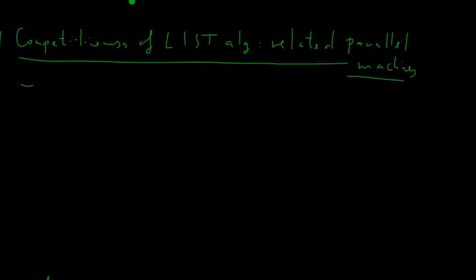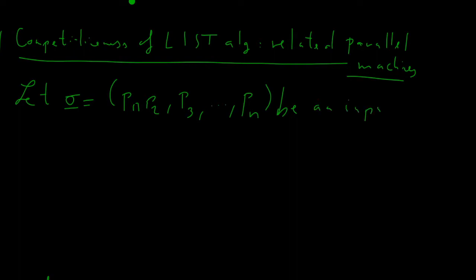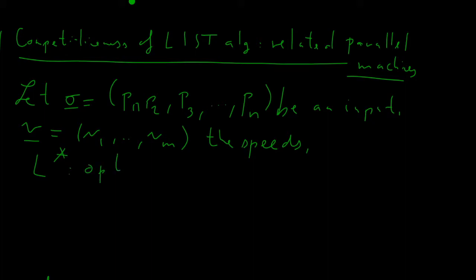So let sigma be, say, p1, p2, p3 and so on, pn, some arbitrary input, and we will have some v equals, say, v1 through vm, be the speeds, and we will have L star as the optimum, and L is the cost of the schedule produced by the list algorithm.